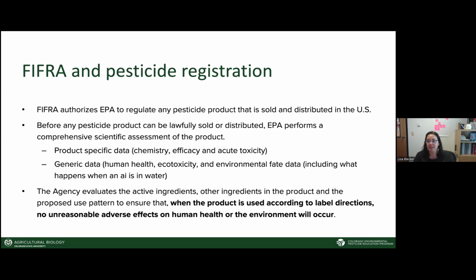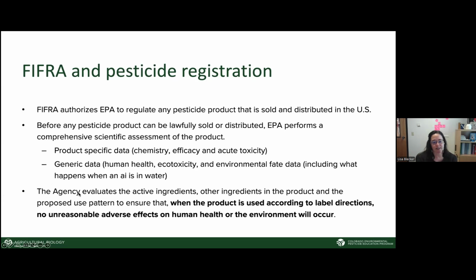There are extensive years' worth of studies on human health, environmental impact, replicated studies, intensive studies, put through risk assessment models. And after all this evaluation, it usually takes 5 to 7 years for one pesticide product to come to market because of the extensive registration process.